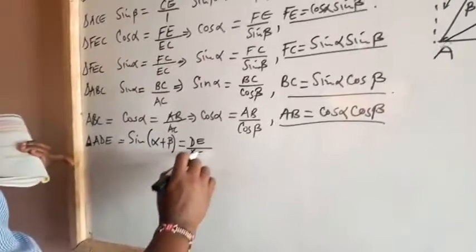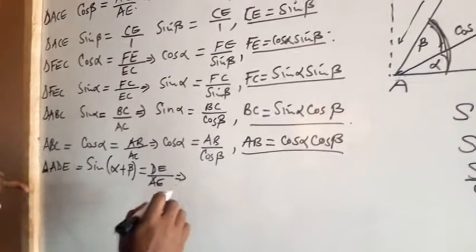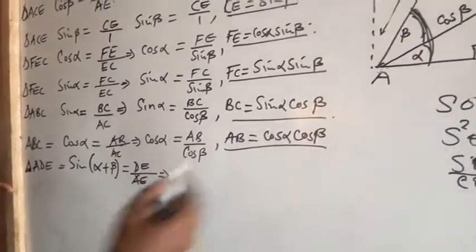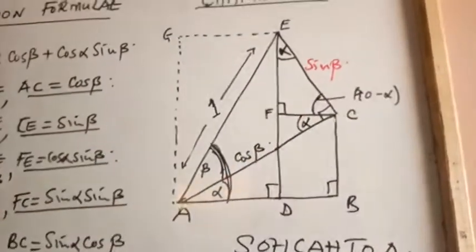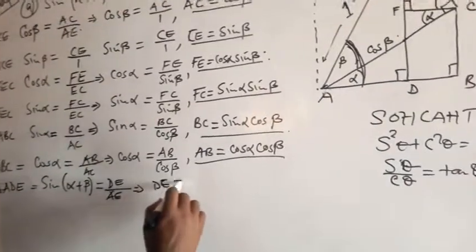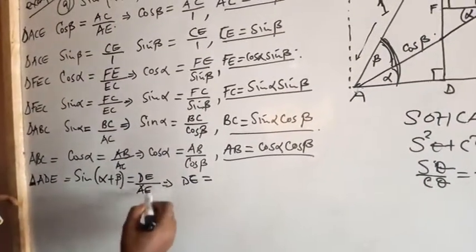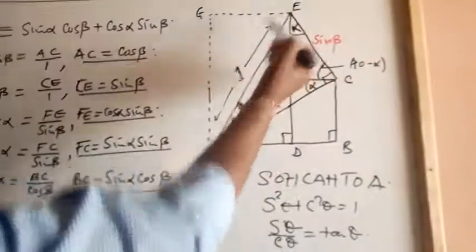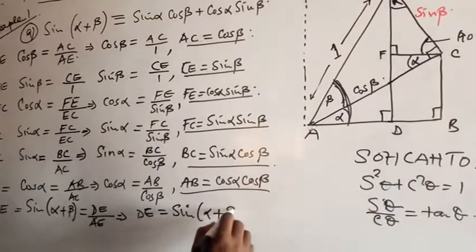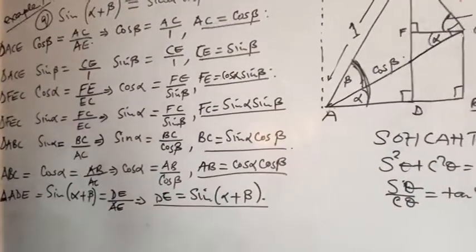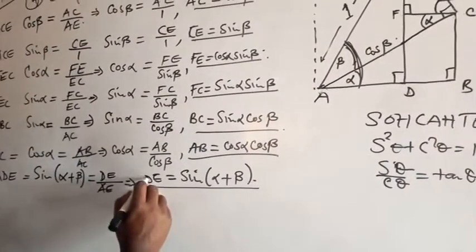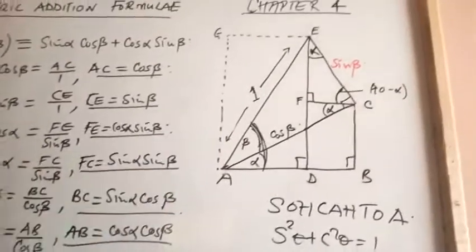AE is 1, as you can see from the diagram. So DE is equal to 1 times the sine of alpha plus beta. This is very important: our line DE gives us the sine of alpha plus beta.